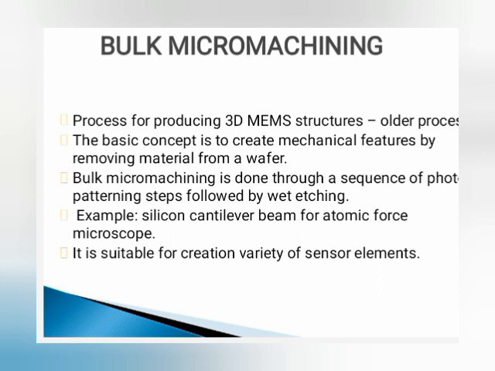The basic concept is to create mechanical features by removing material from the wafer. Bulk micromachining is done through a sequence of photo patterning steps followed by wet etching. Example: the silicon cantilever beam of an atomic force microscope. It is suitable for creation of a variety of sensor elements.